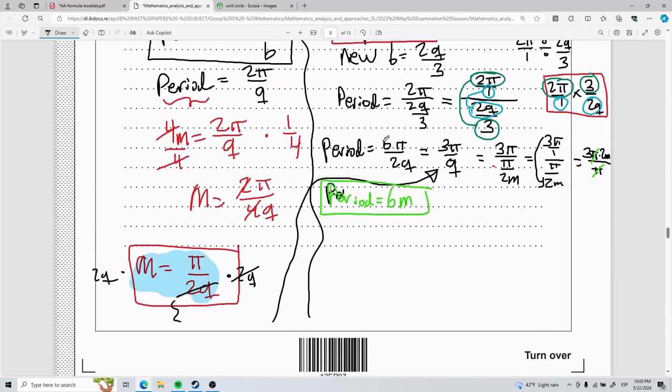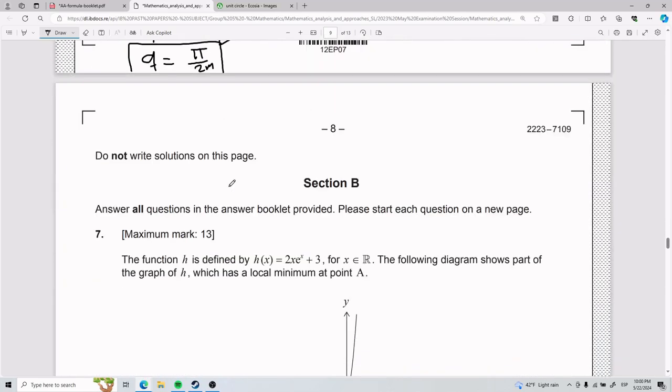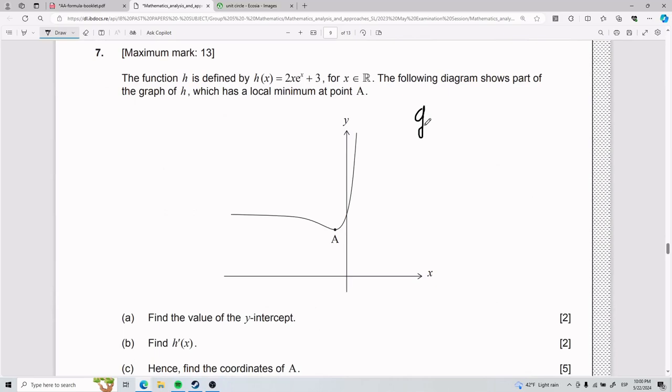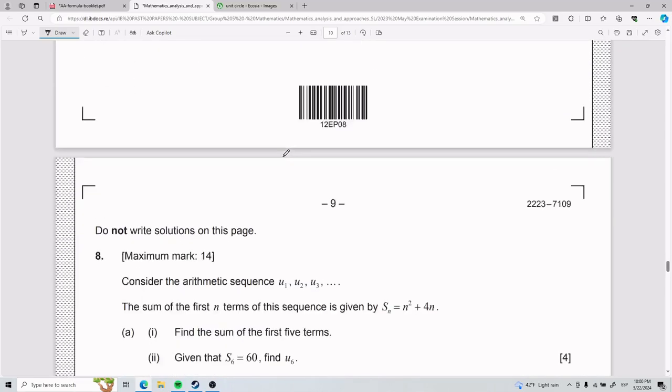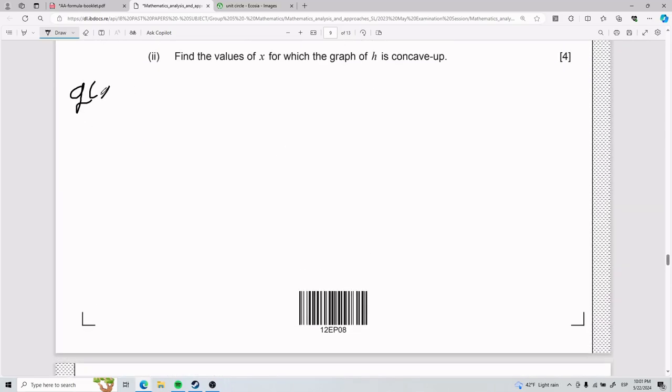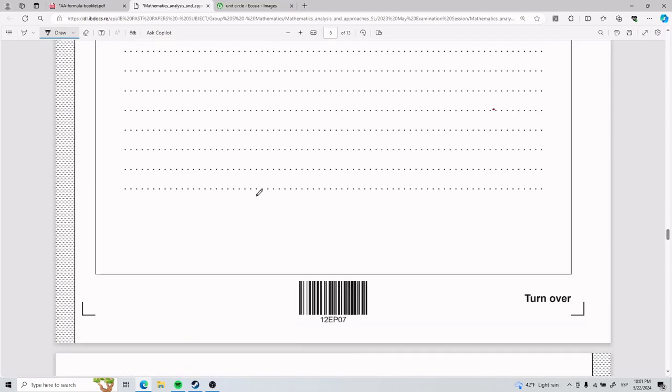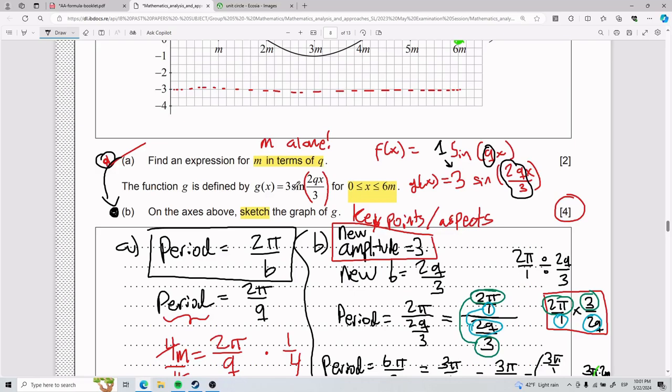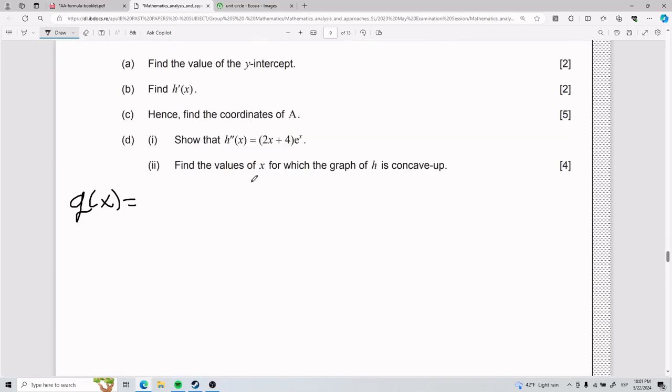You know that g of x from the exercise is 3 times sine of 2πx divided by 3.